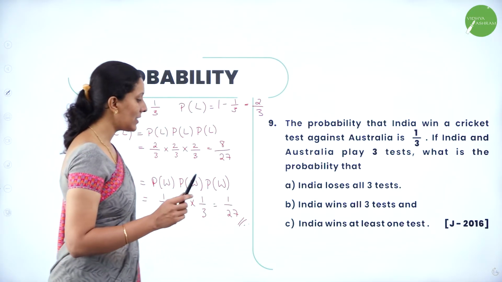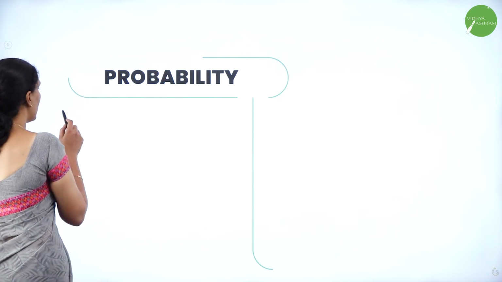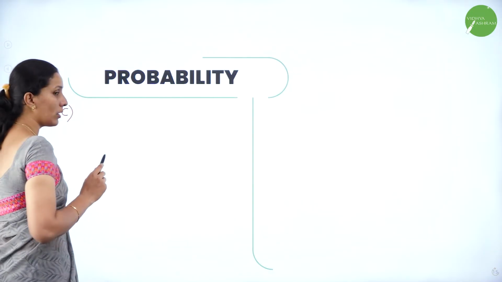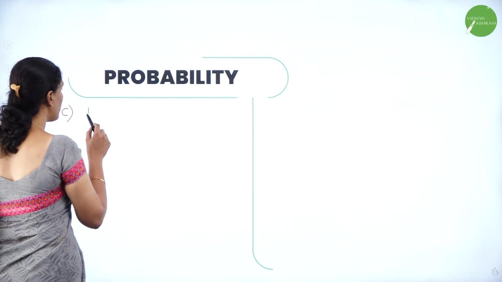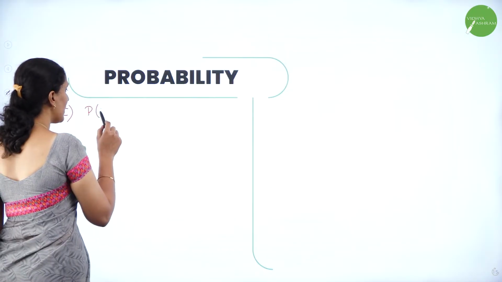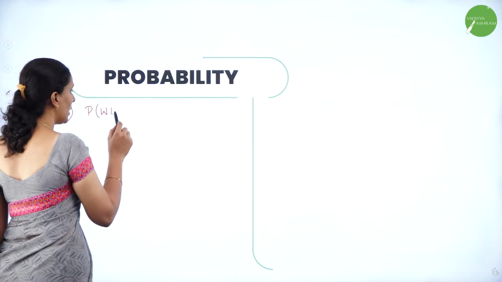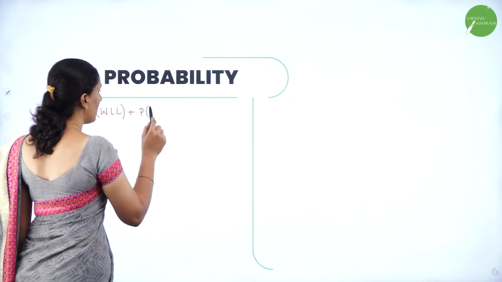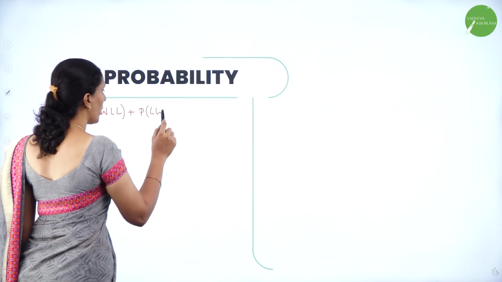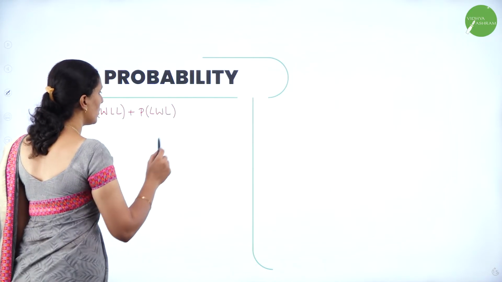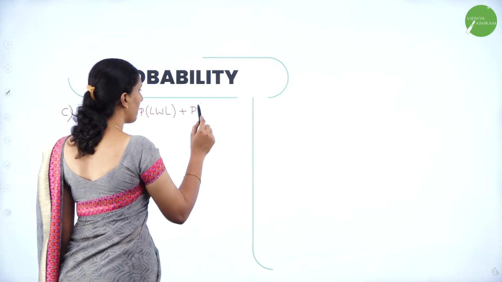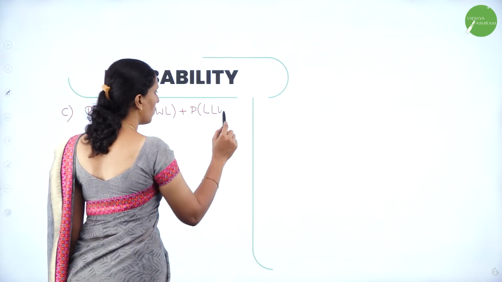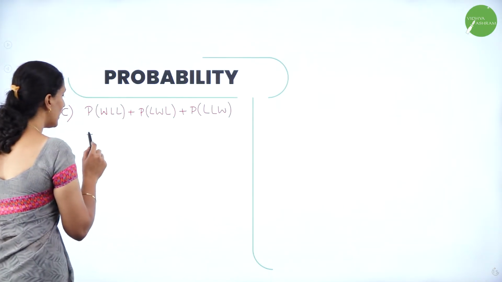When I say at least 1 test match, they may win the first match and lose the next 2 matches. So it may be win, lose, lose, or lose, win, lose, or lose, lose, win.